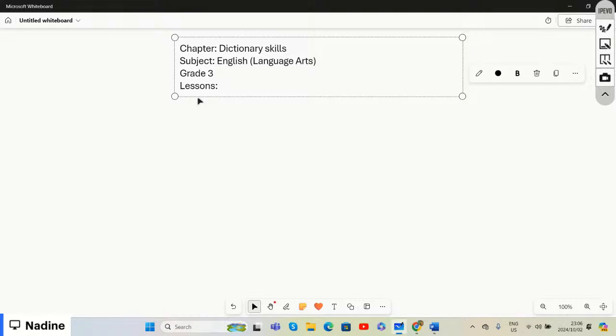We went over guide words, and we said that guide words within a dictionary guide the reader or somebody looking up a specific word. The first word on the page as well as the last word on a specific page are the guide words. All the other words in between on that page are in alphabetical order.